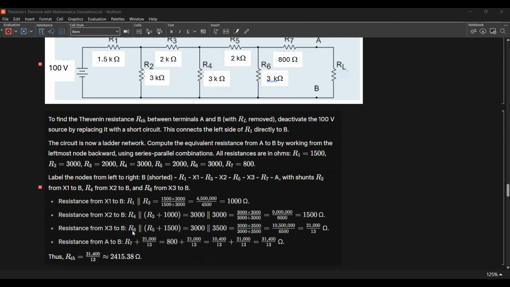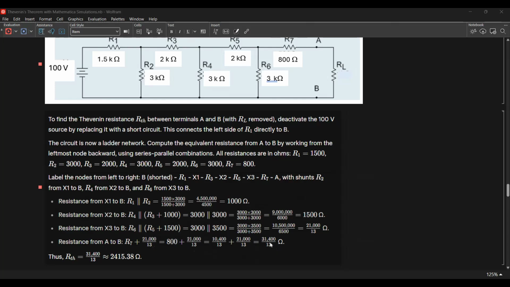And at the same time, it is also parallel to R6. So our resistance here is 21,000 over 13. Then the resistance from A to B, we have the R7 here, plus, so this is in series with the 21,000 over 13.